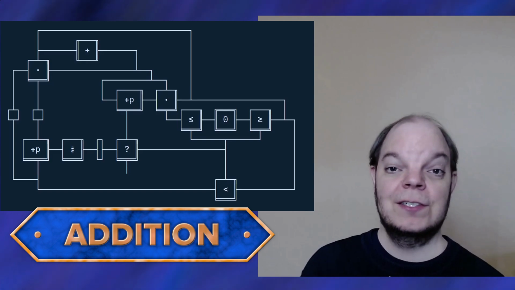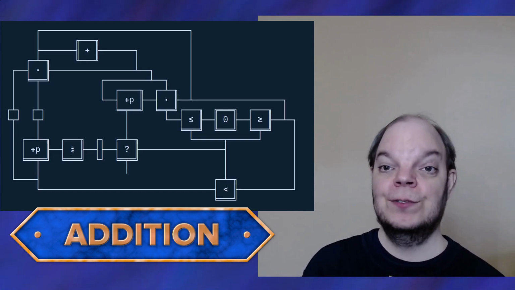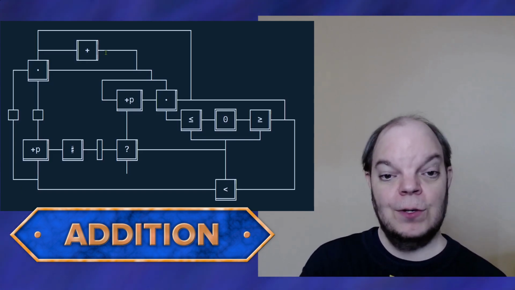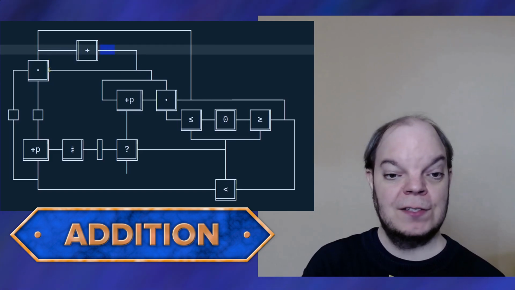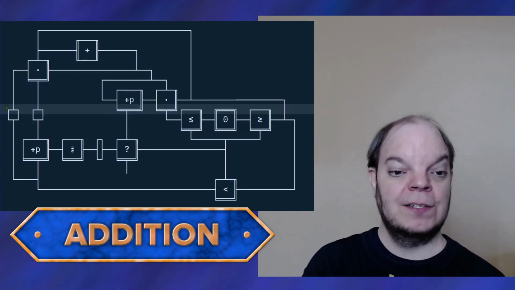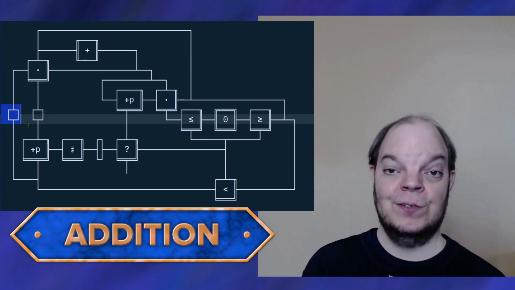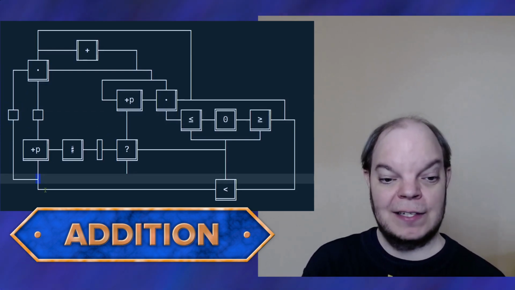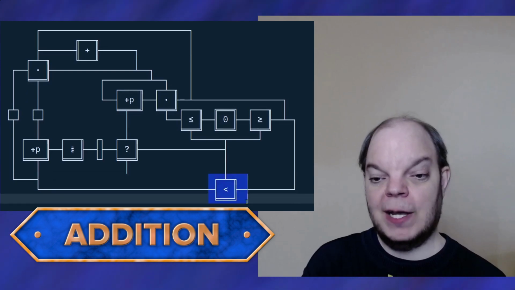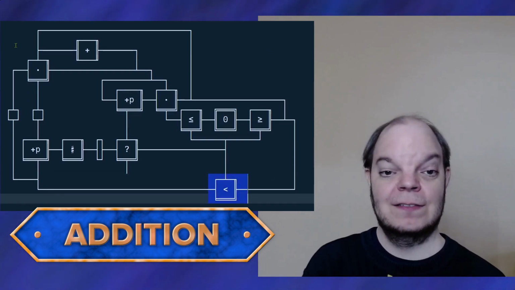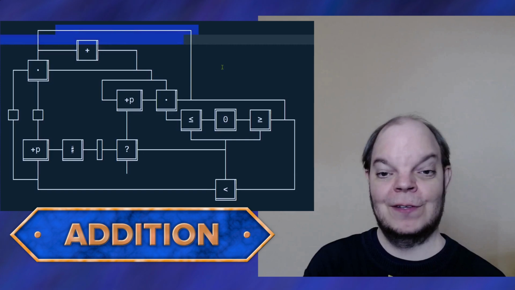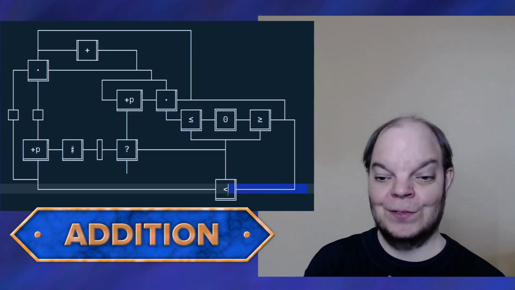Now the other condition is that a is less than or equal to not b. So over here we have the b, and as you can see it goes down this line and it goes through this little box. So here we have the bitwise NOT of b, and it gets split here. So we're comparing that against a copy of a, which goes down this line here into this corner.